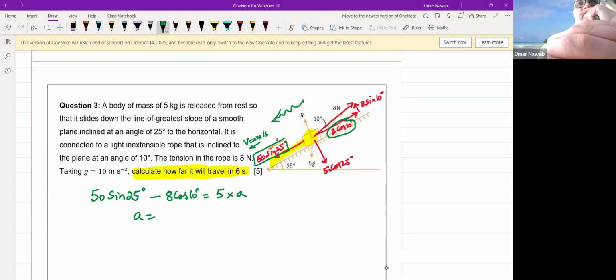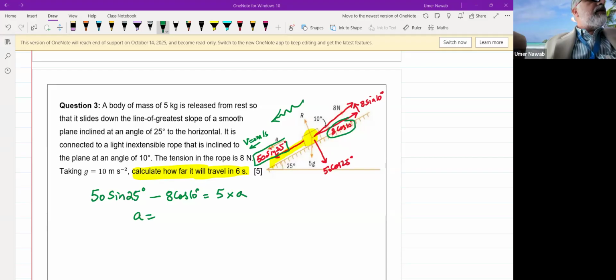Let's calculate our acceleration by using equation solver. 50 sine 25 minus 8 cosine of 10, close the bracket, then I write alpha 5 x, shift solve, and that gives us 2.65 as the value of the acceleration.